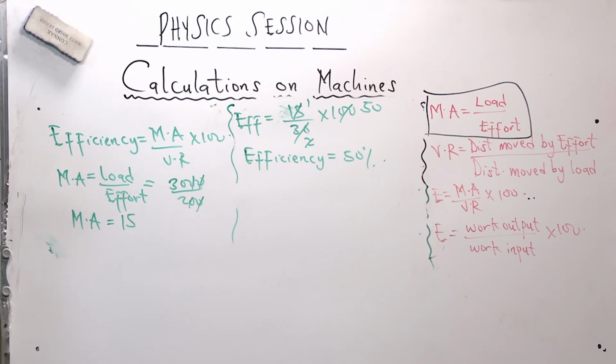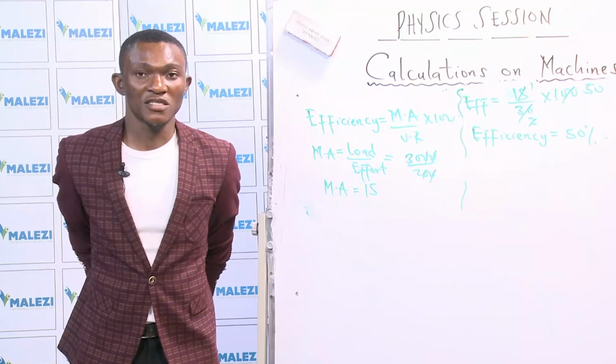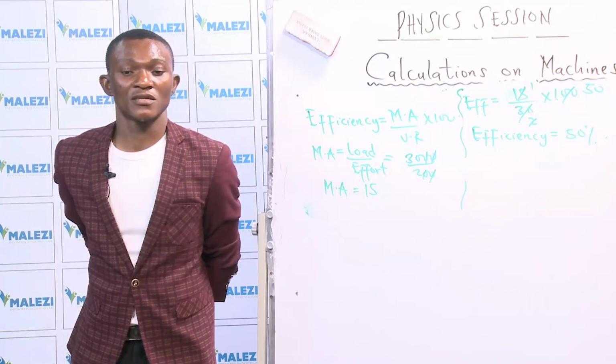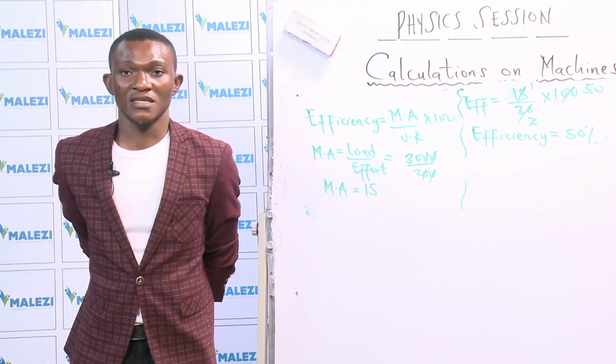So let's move to the next question now. The velocity ratio of an inclined plane whose angle of inclination is theta is given as, I need the expression for the velocity ratio of an inclined plane whose angle of inclination is equal to theta.